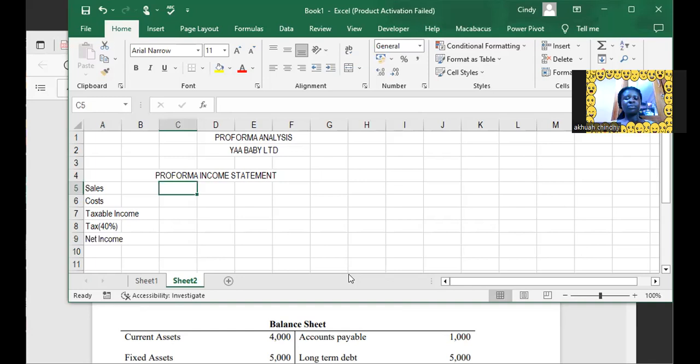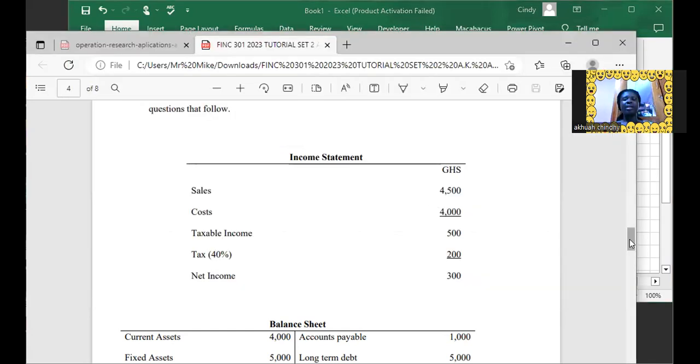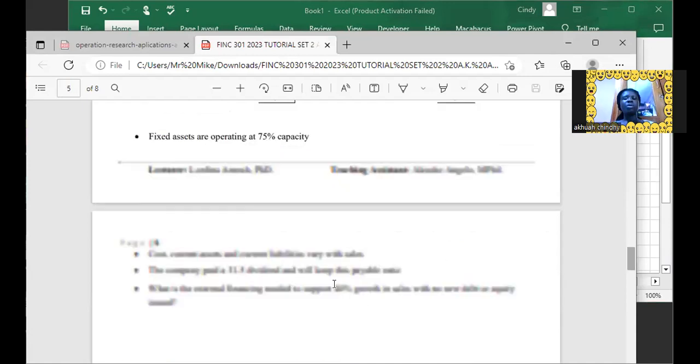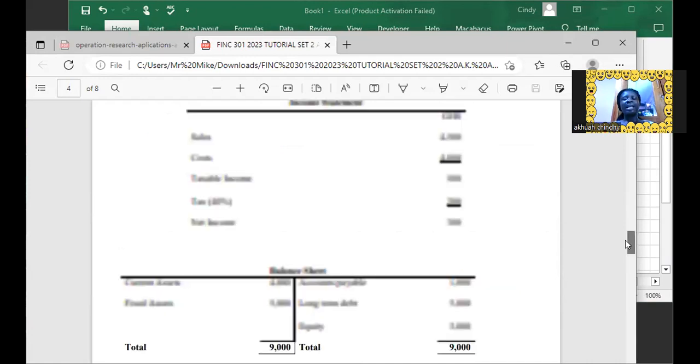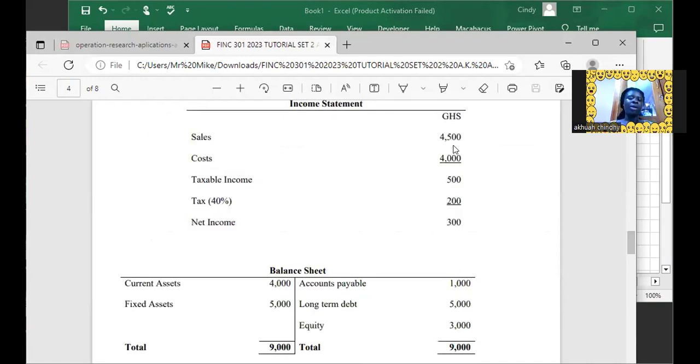So our previous sales was 4,500, but then the company's goal is to expand sales by 40%, right? So it means that in the future, sales will be 40% bigger than what it is now. But the previous figure is 4,500.